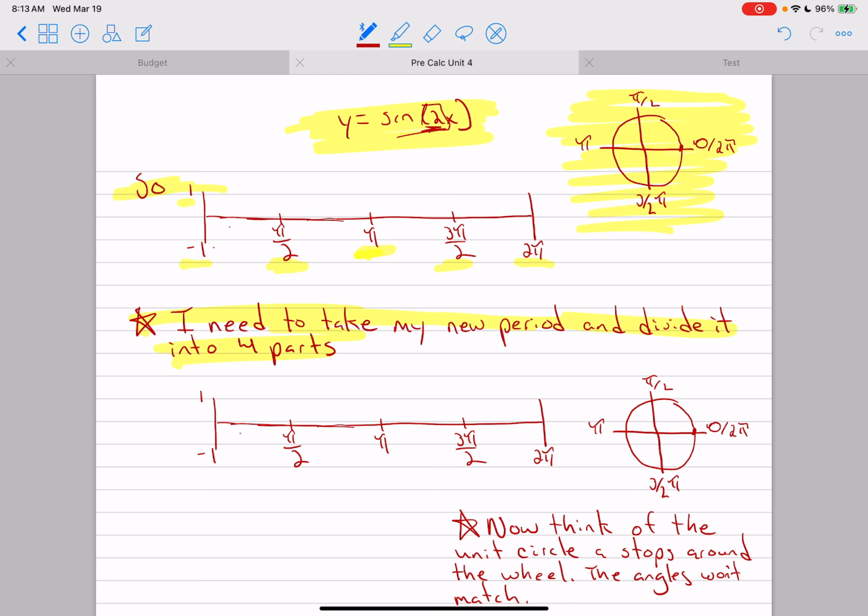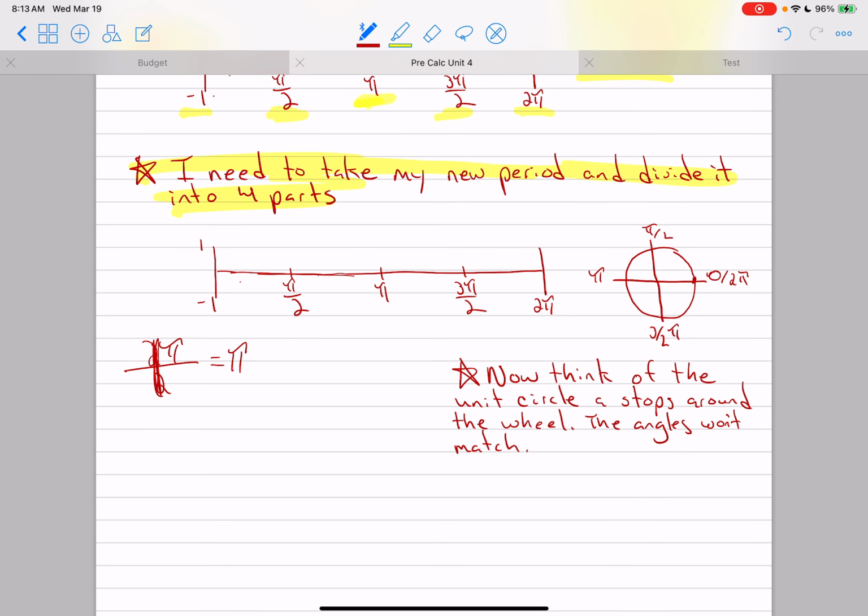So if I take 2 pi and divide it by b, and remember, b in this case was 2, I get a period of pi. All right, so you're going to draw a new circle down here. This means my full circle rotates in this piece right here, okay? So the full circle rotates in pi.